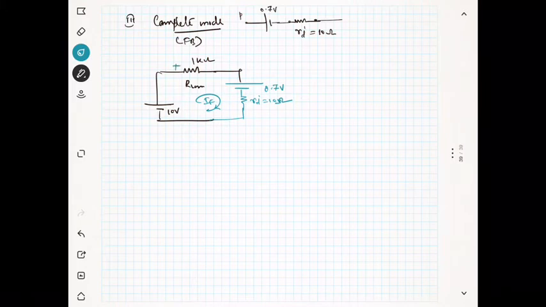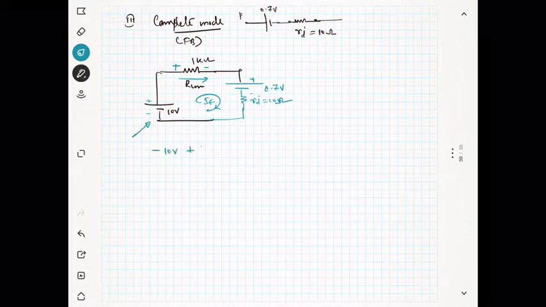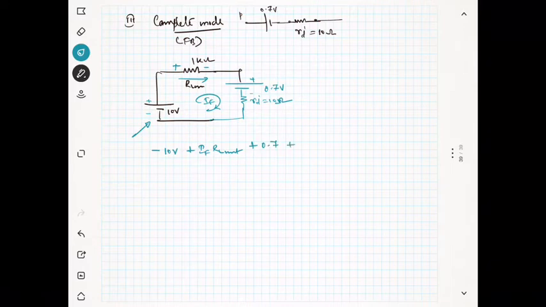Since the IF is moving like this, this is plus minus, and this is plus minus. So you can start from here. It's minus 10 volt, then plus IF into R limit, plus 0.7, plus, you see this current is going down, so this is plus and this is minus, plus IF into RD dash, this is equal to 0.